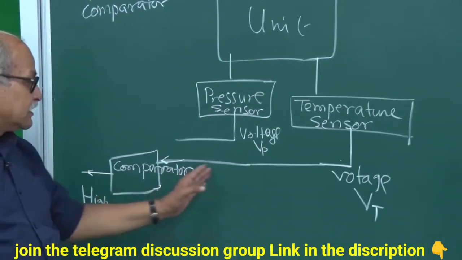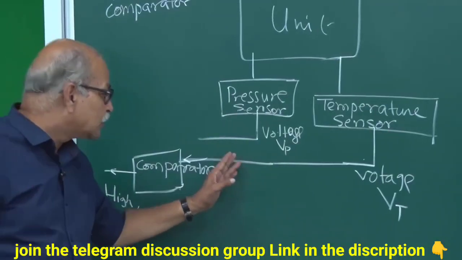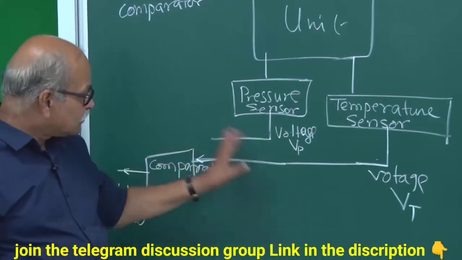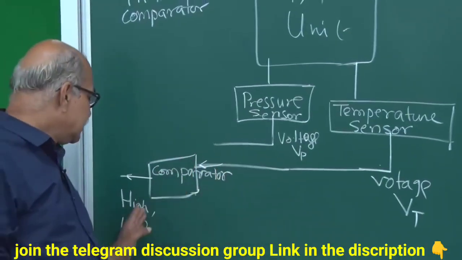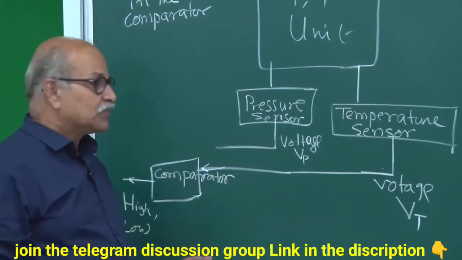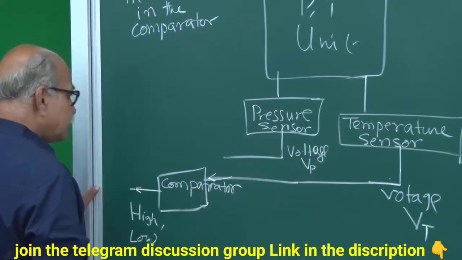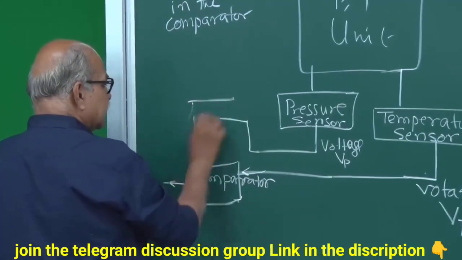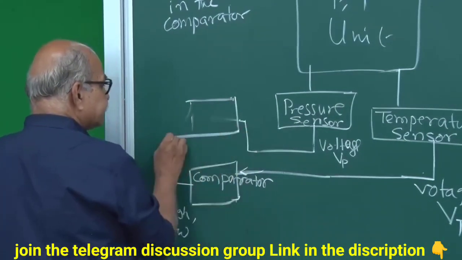The moment this signal is more than that, it gives me the high output, and as long as it is less, it gives me the low output. So, this is it. Similarly, you can have a comparator here.